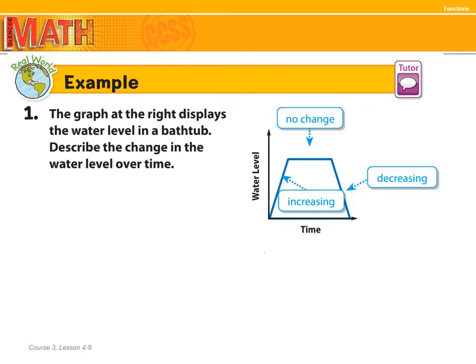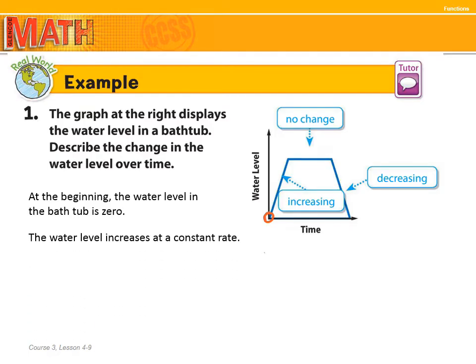So example number 1: the graph at the right displays the water level in a bathtub. Describe the change in the water level over time. We can see at the beginning, the water level in the bathtub is 0. Right there, that's always going to be 0. The water level increases at a constant rate.